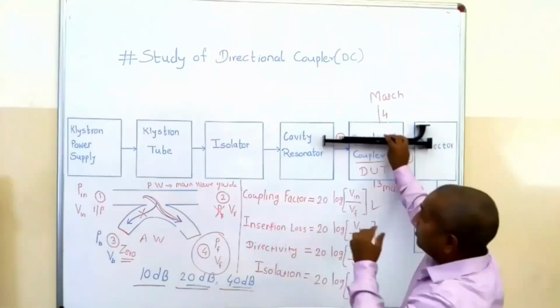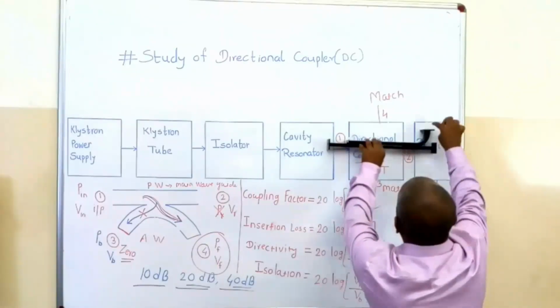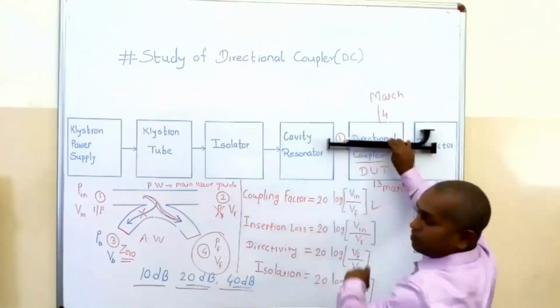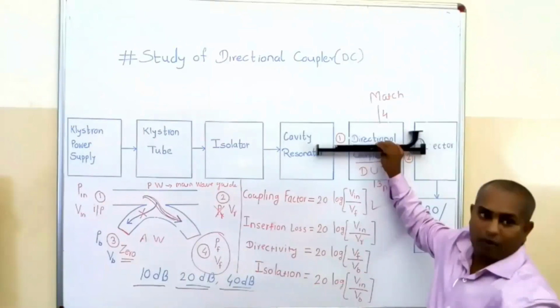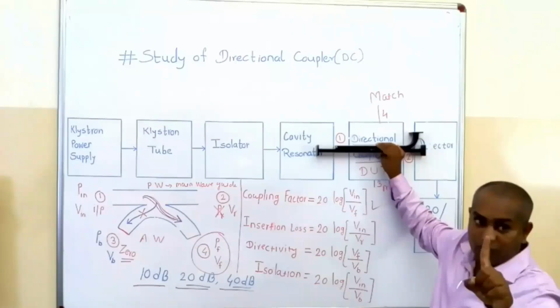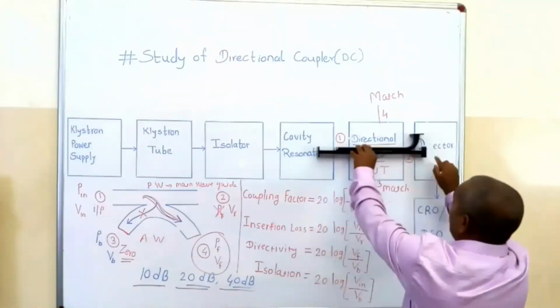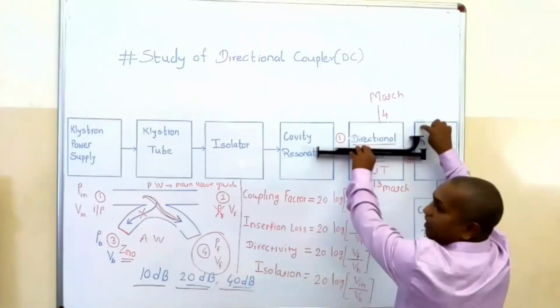So in this case, this is my V in, this is my VR, and this is my VF, the forward coupled power. This is case number 1, to measure V in, VR and VF.